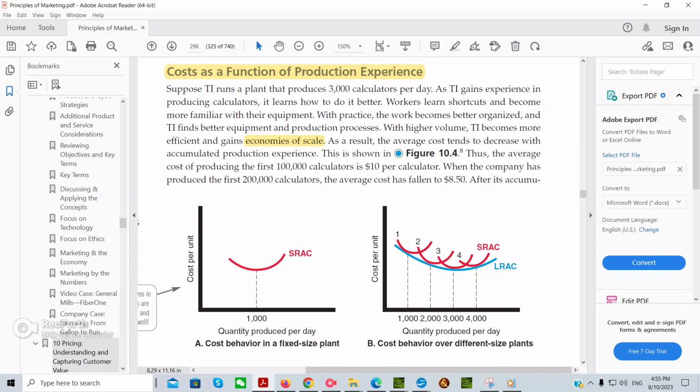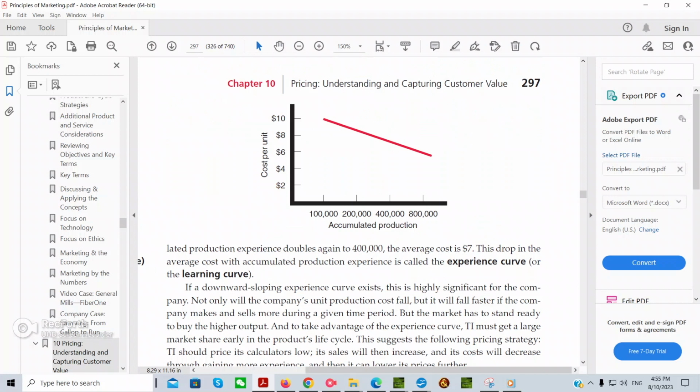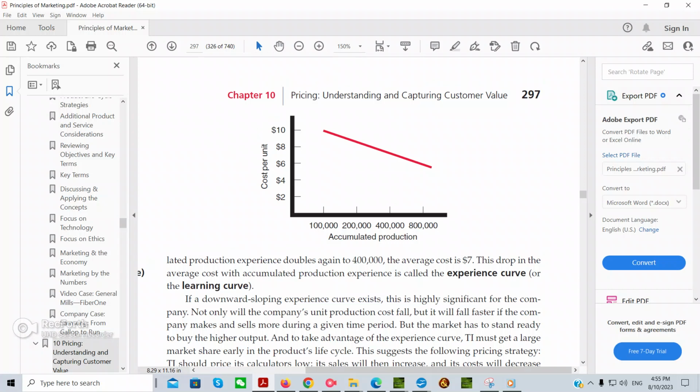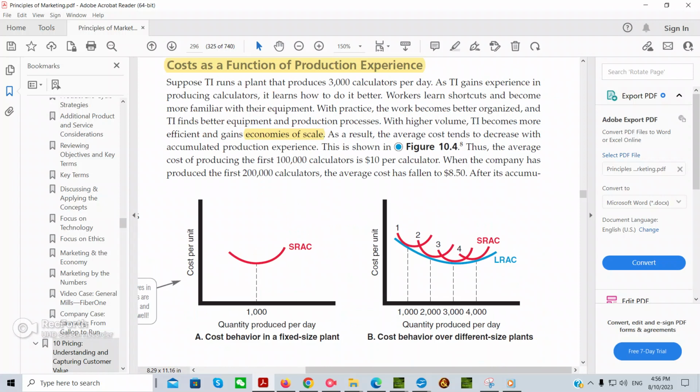When the company has produced 200,000 calculators, the average has fallen to $8.50. After its accumulated production experience doubles again to 400,000, the average cost is $7. This drop in the average cost with accumulated production is called the experience curve or learning curve.